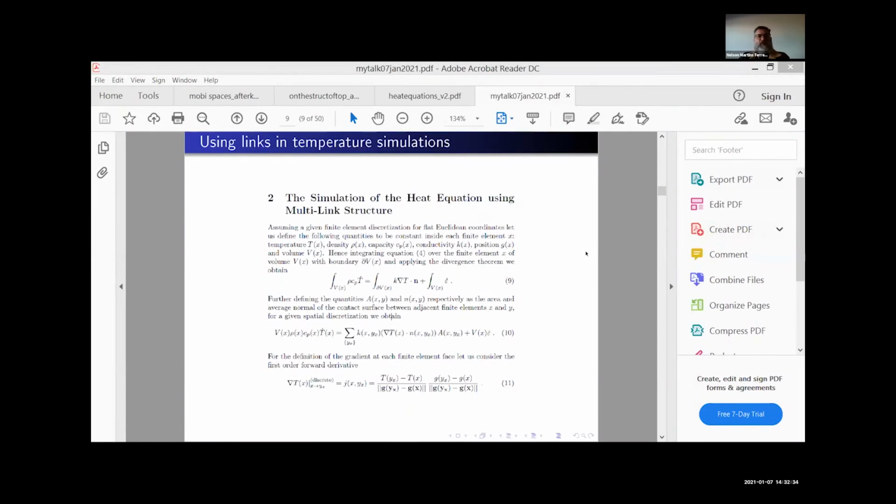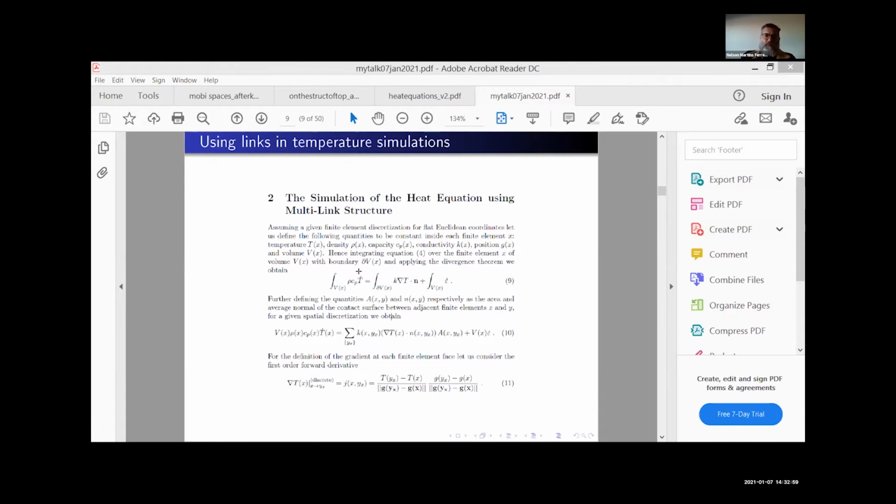Okay, so I continue sharing my screen. All right. So this was to show that actually we are now capable of using this model, this multi-link structure, and the implementation is the same regardless of the interpretation that we make to it.